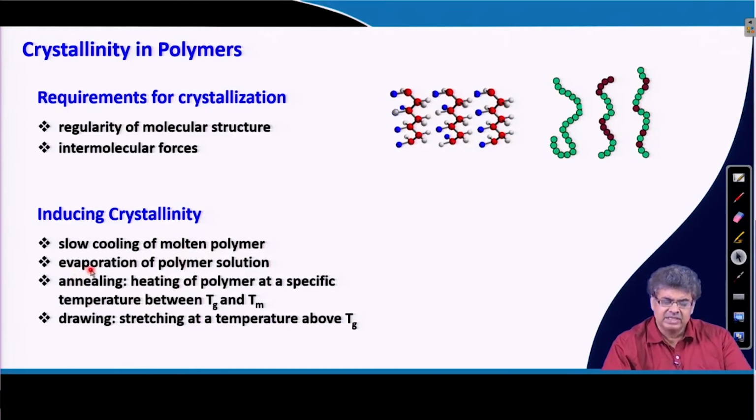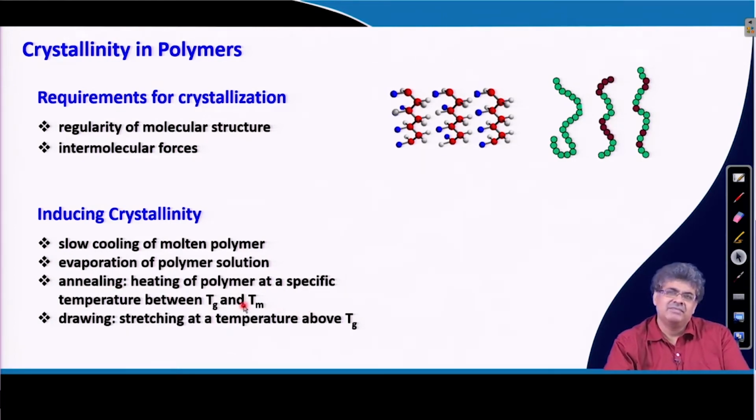Similarly, if we evaporate a polymer solution, evaporation is a slow process. As the polymer solution evaporates, the polymer chains come close to each other and they can align themselves, because they are getting more time during evaporation, and they can form crystalline domains. Similarly, annealing is basically heating a polymer sample at a specific temperature between Tg and Tm.